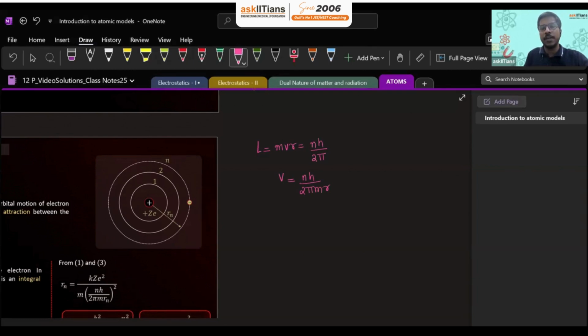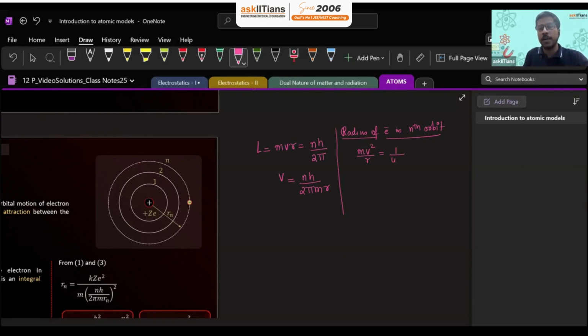So similarly, we can find out an expression for the radius of the electron in the nth orbit. How do you find it? So we know the mv square by r, the centripetal force, is provided by the electrostatic force of attraction between the electron and the nucleus.